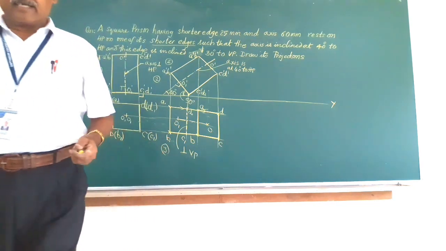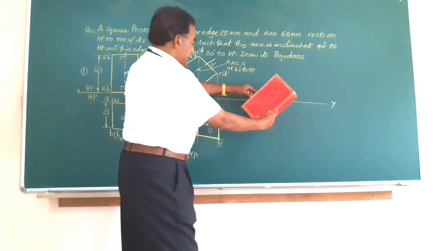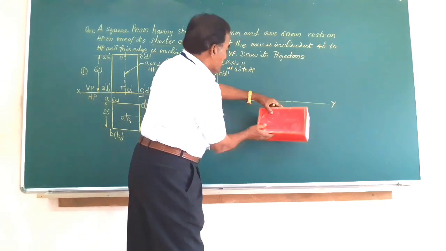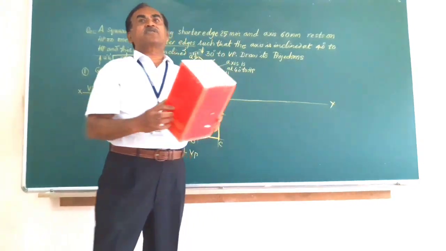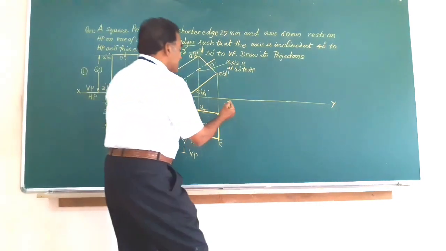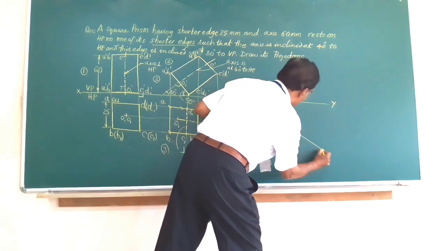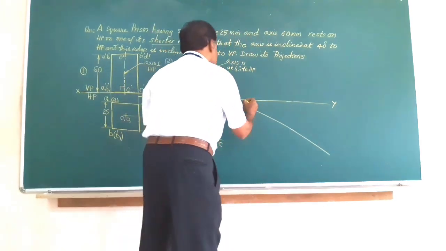So the object can be placed with the edge at an angle of 30 degrees here or towards this. The choice is left to the viewers. So what I do, I write a line here at an angle of 30 degrees to VP.